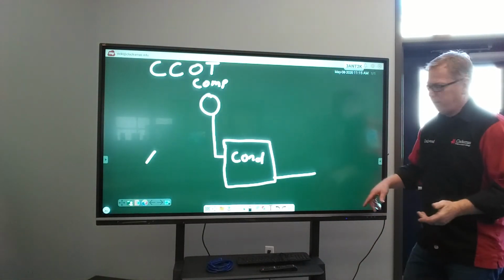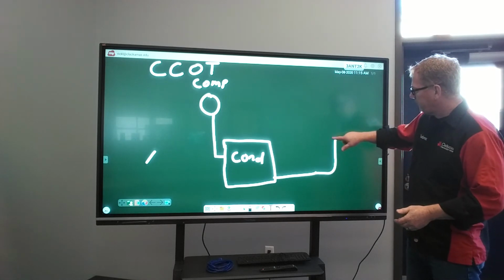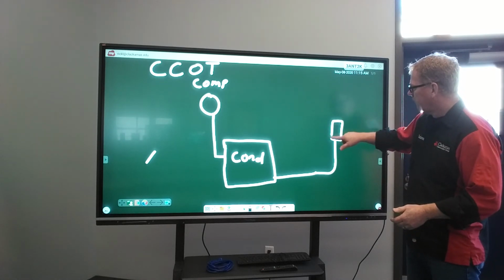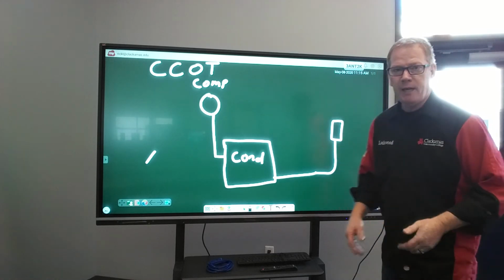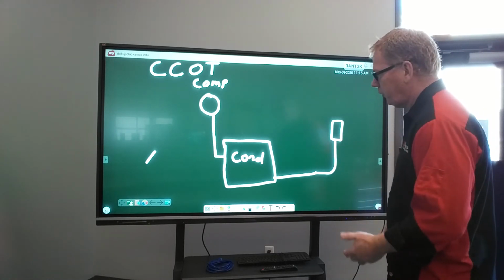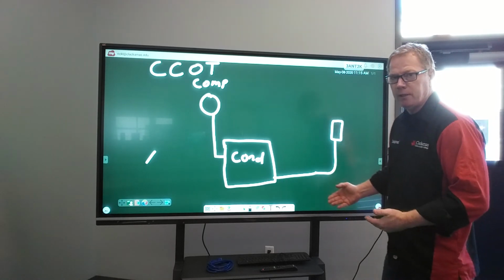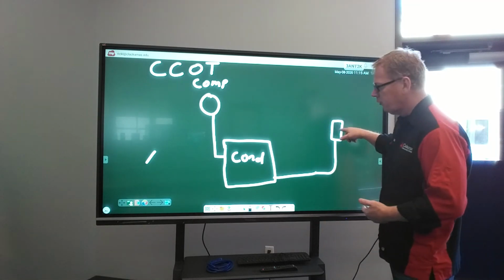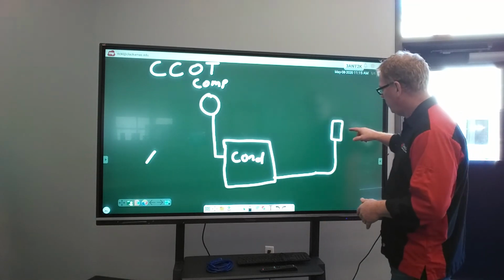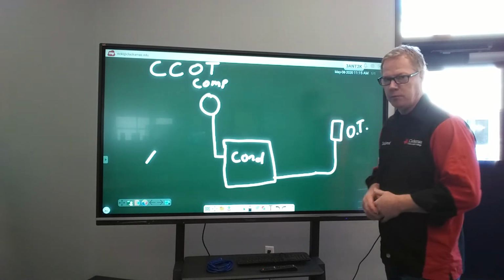So where do we go now? If we continue this line, we're going to come to another component in the AC system, and this is where we're going to have a pressure change. This is where we're going to go from a high pressure liquid and drop it to a low pressure liquid. So this is the orifice tube in the system.